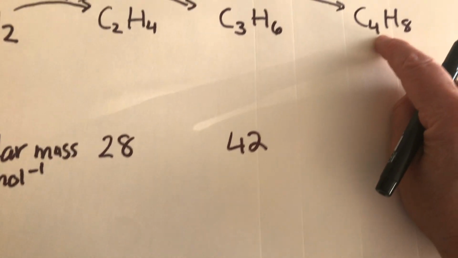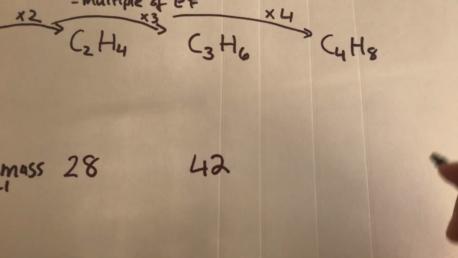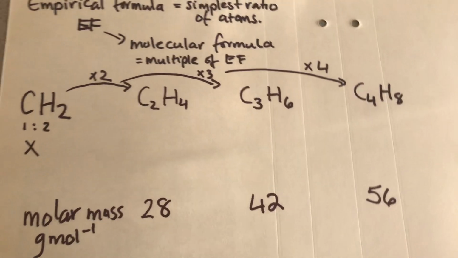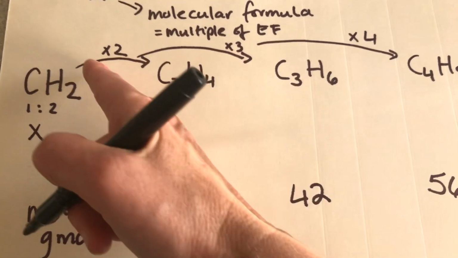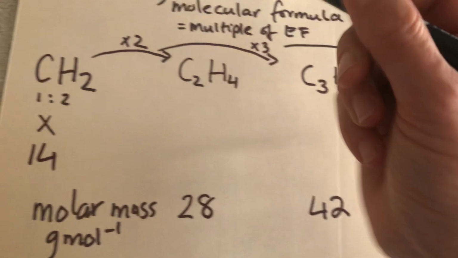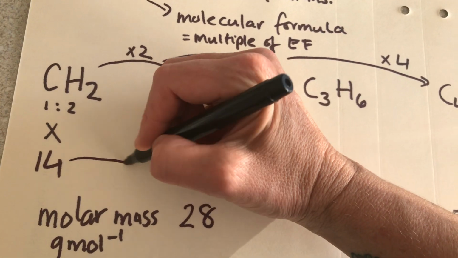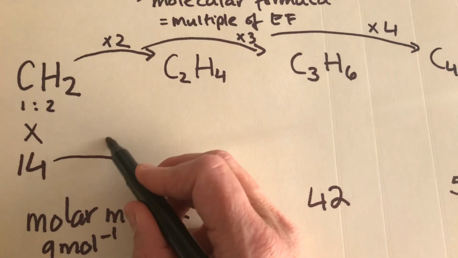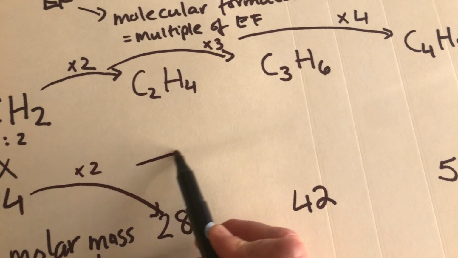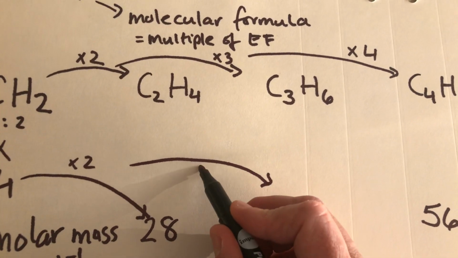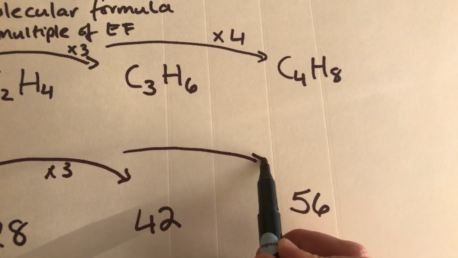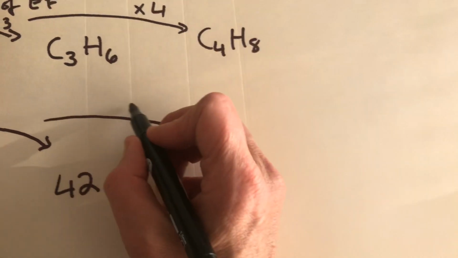And the molar mass of this would be 4 times 12 plus 8, which would be 56. And notice again here, we work out the molar mass of the original, so it's 12 plus 2 is 14. If we multiply 14 by 2, we get 28. If we multiply 14 by 3, we get 42. And you can see the pattern. If we multiply it by 4, we get 56.